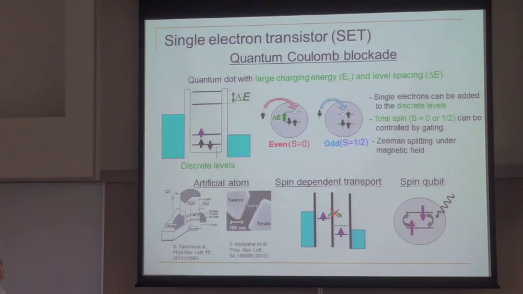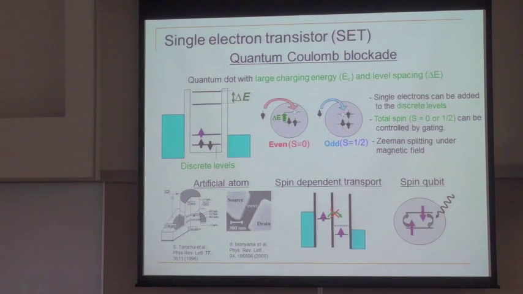In contrast to the classical Coulomb blockade, there is a quantum Coulomb blockade, which exhibits in a system with large charging energy and large level spacing. In the system, a single electron can be added to the discrete levels, and the total spin of S equals 0 or 1/2 can be controlled by gating, and the Zeeman splitting can be observed under magnetic field.